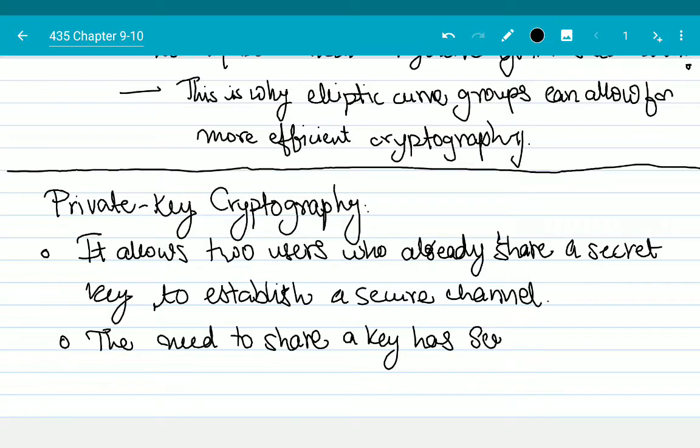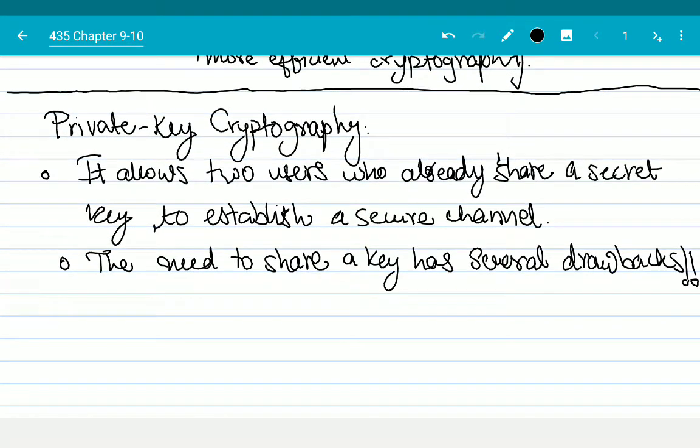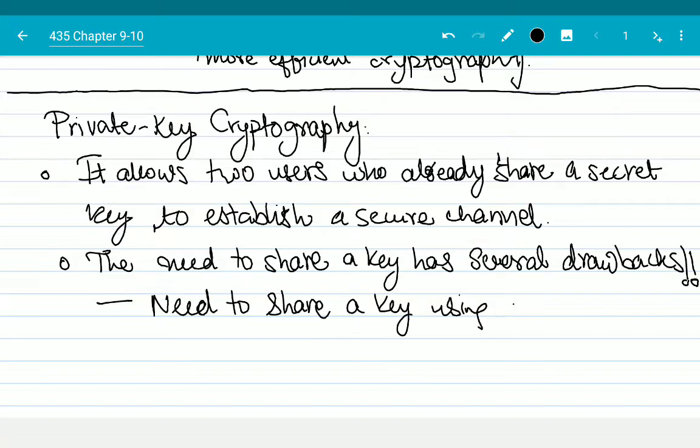You need to first share the key using a secure channel. I mean, some of these can be solved.